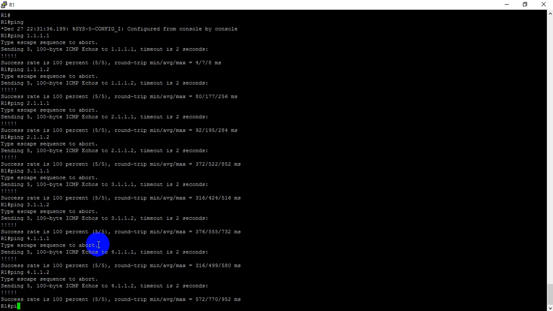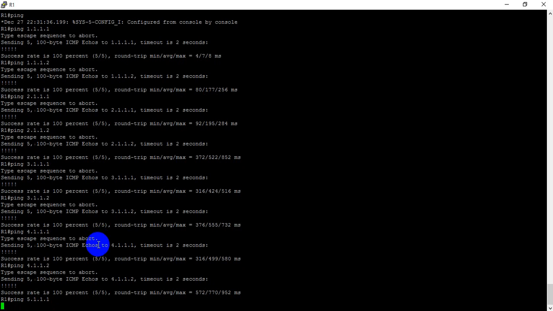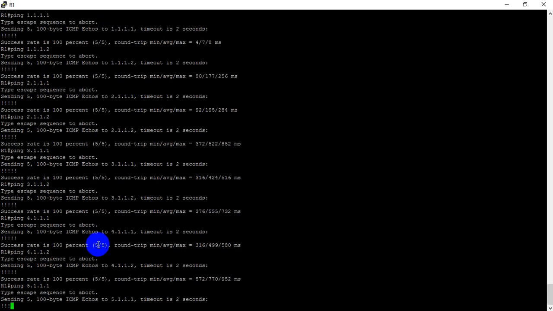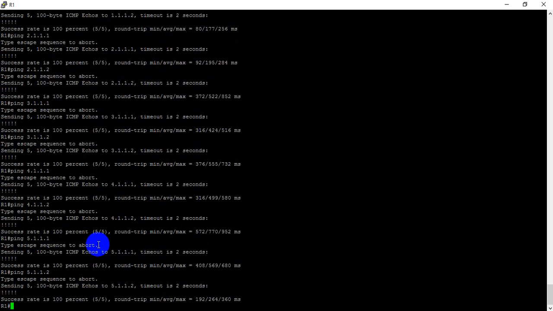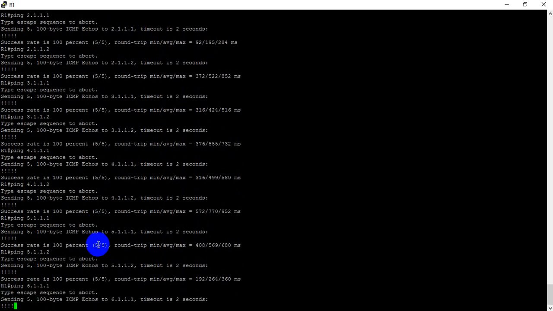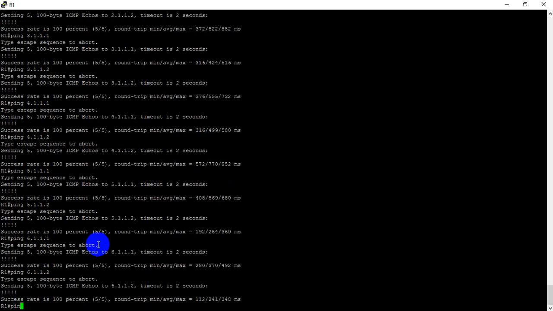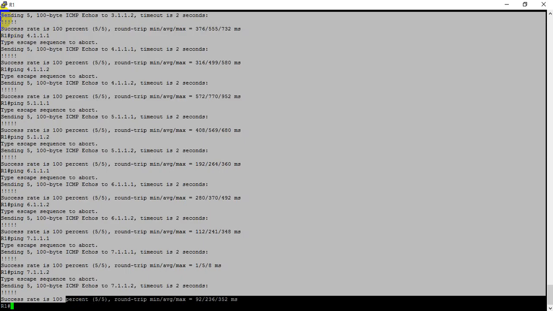And now ping the 5 network IPs. So this router can communicate with all 7 of the company's different networks.